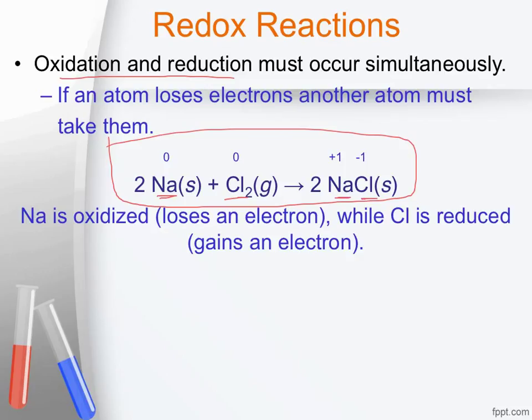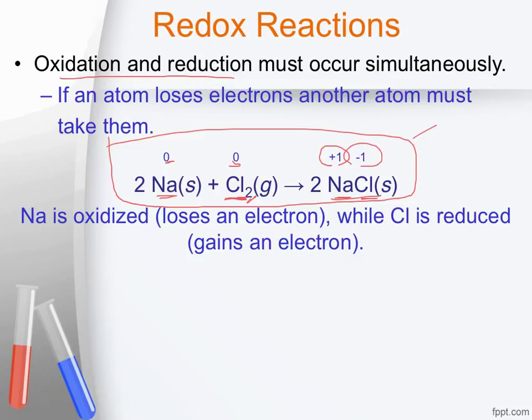Sodium is an element by itself, so it has an oxidation number of 0. Chlorine is an element in its standard state, happens to be diatomic, but that's its standard state, so it also has an oxidation number of 0. Sodium chloride is an ionic compound with charges. We know that the sodium ion is +1, the chloride ion is -1.